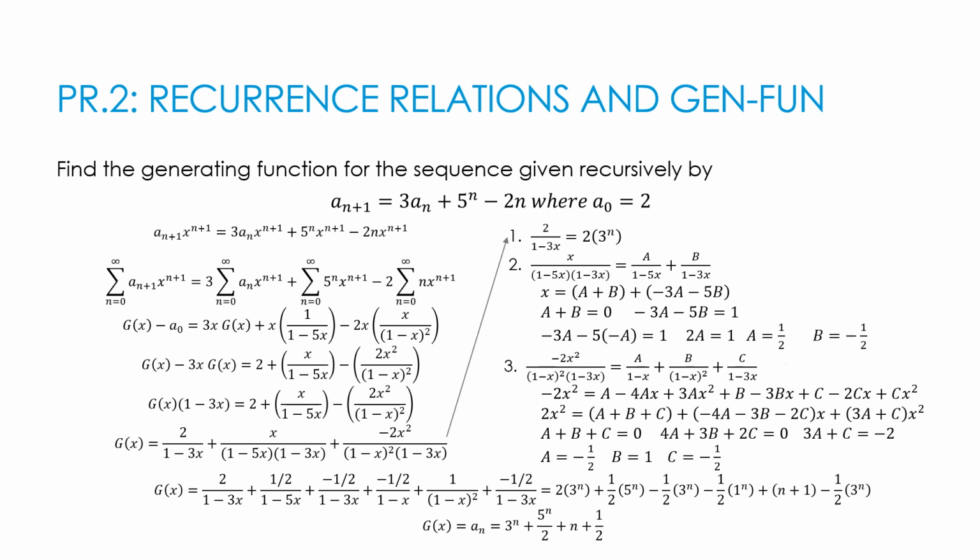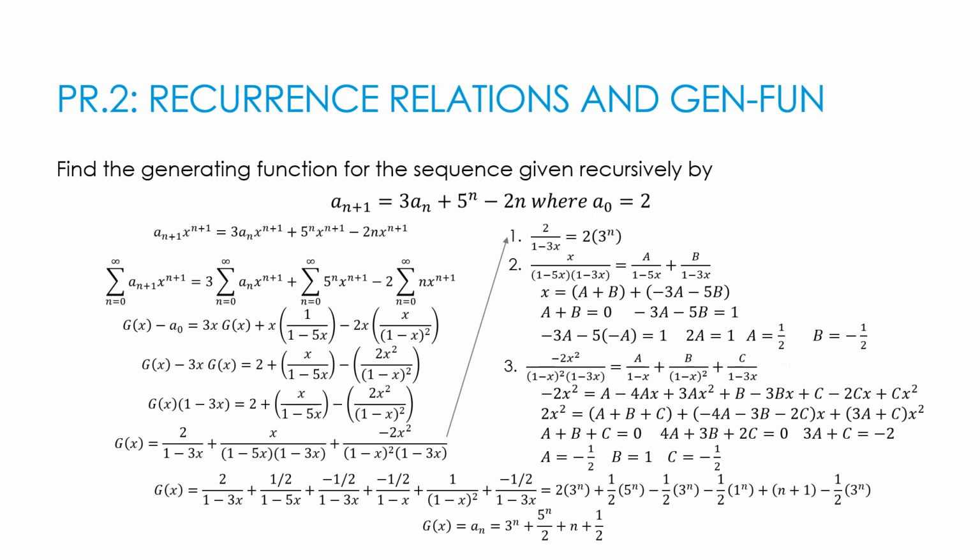So I did warn you, this is a lot of work, a lot of fun, right? So the good news is I'm still following the exact same steps. If you'll notice, I still started by looking at the summation of each. I replaced g of x where I could, which was not very often in this case.